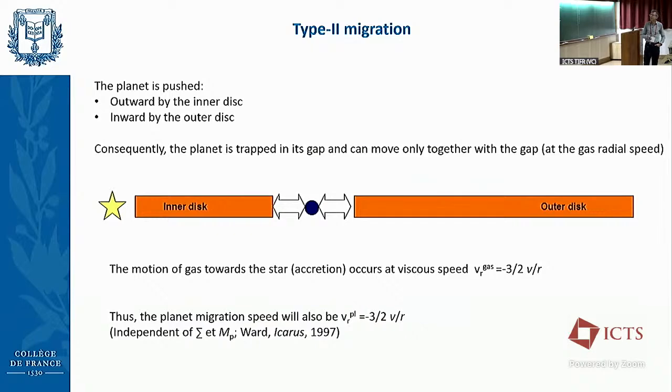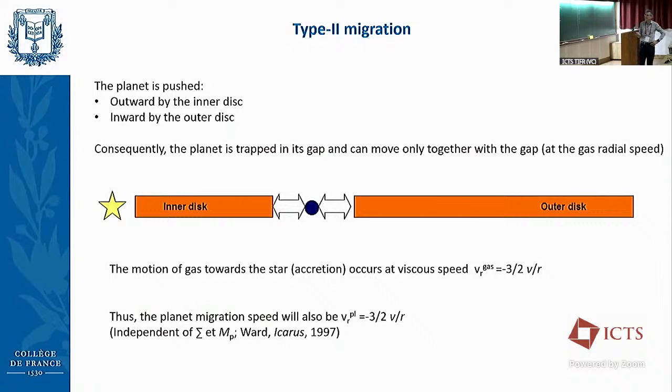So what can the planet do? Well, it wants to move. But if it goes too close to the inner disk, of course, it feels a strong force from the inner disk. And the inner disk, where the wave is going upwards, gives a positive torque. So the planet cannot approach the inner disk because it will be repelled out.